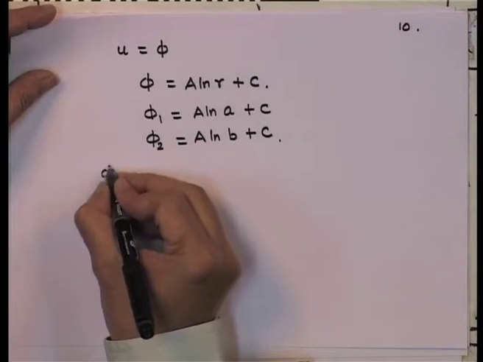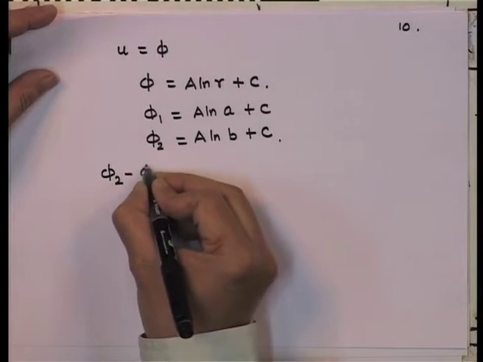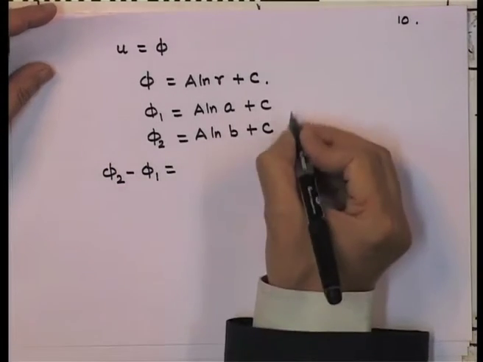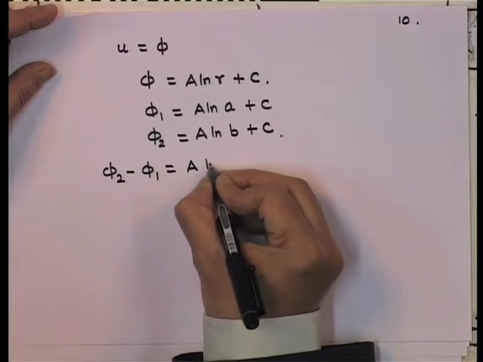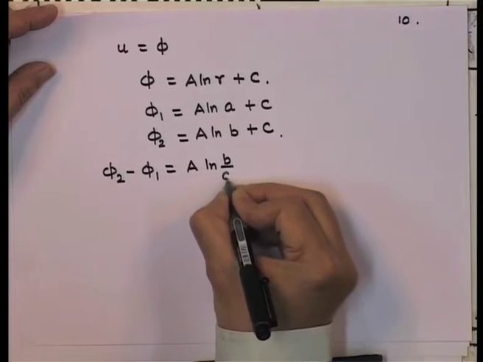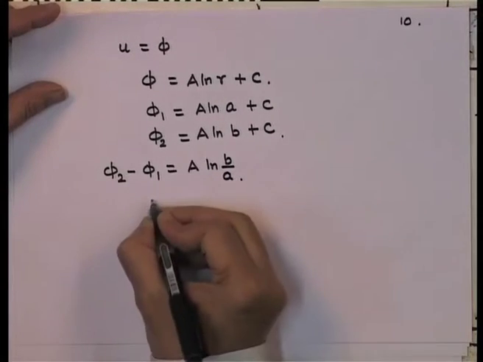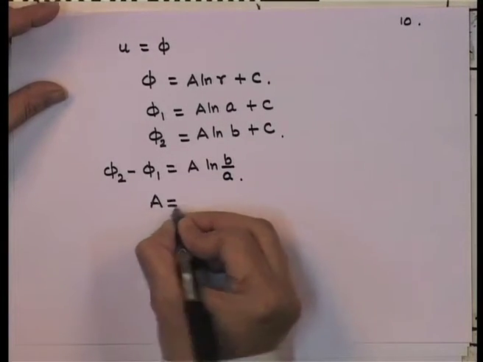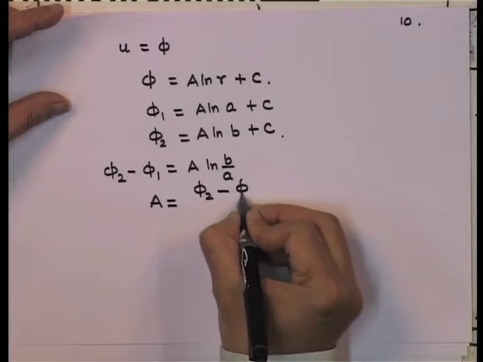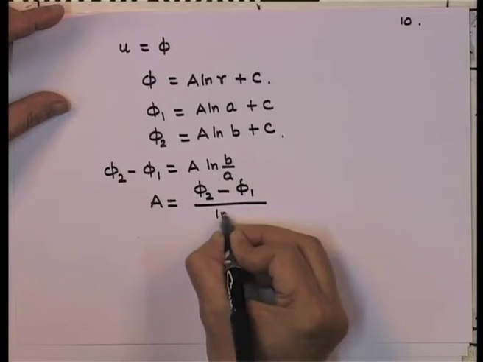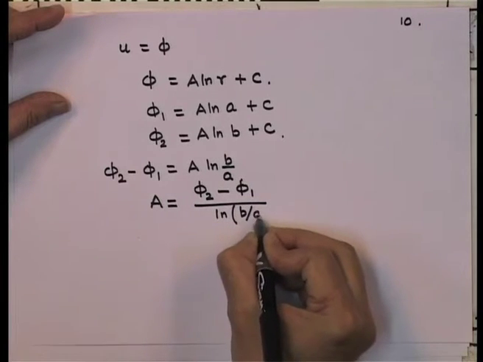Now, the difference in these two potentials, phi 2 minus phi 1, will cancel out this unknown quantity c, and that is equal to a log b minus a log a, that is a logarithm of b by a. So, therefore, the constant a is determined in terms of the given potentials as phi 2 minus phi 1 divided by the logarithm of b by a.